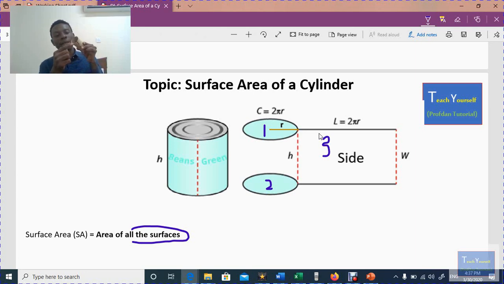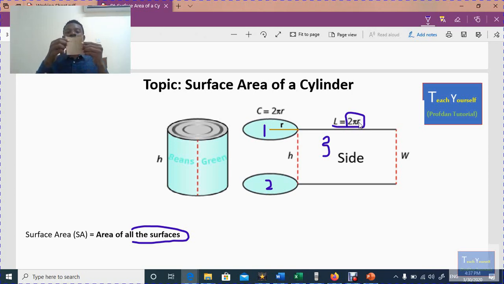So this is circumference of a circle. Check our previous video on how to find the circumference of a circle or the area of a circle. Okay, so this is circumference of a circle. So if you see here, we have the length given as 2 pi r, which is the circumference of a circle, where r is the radius.